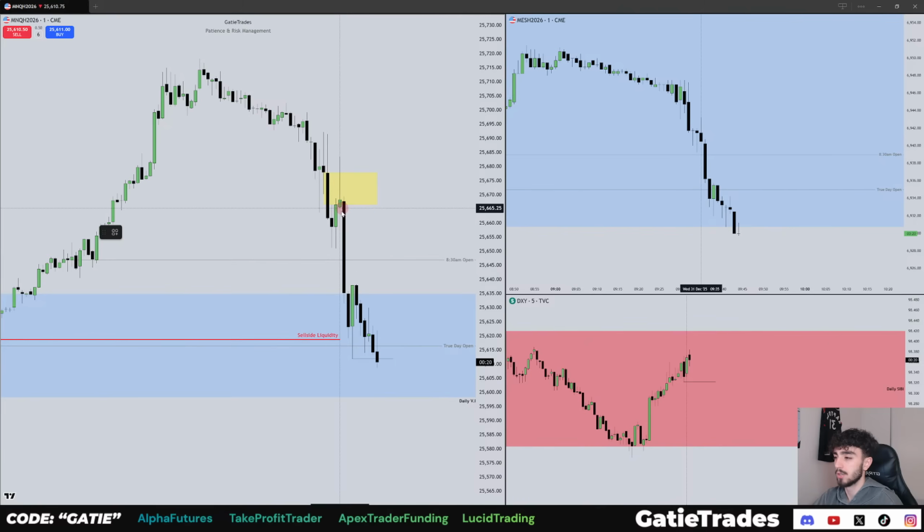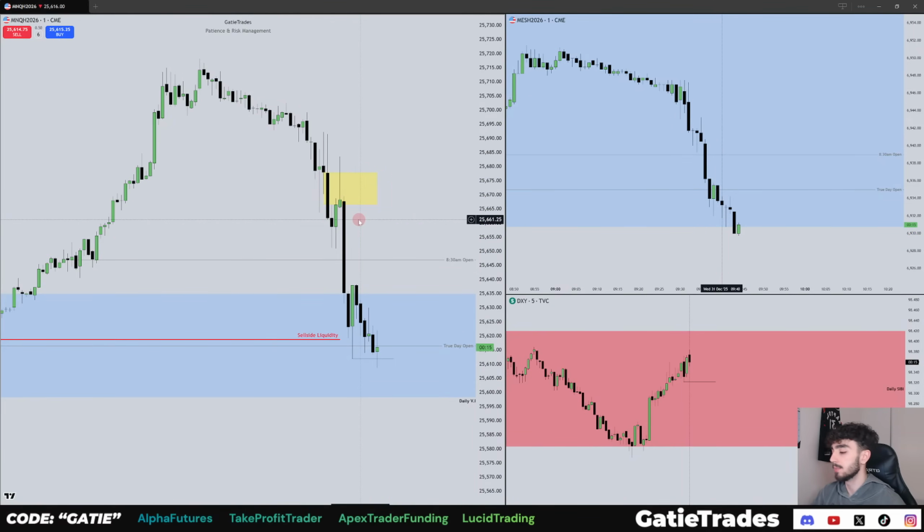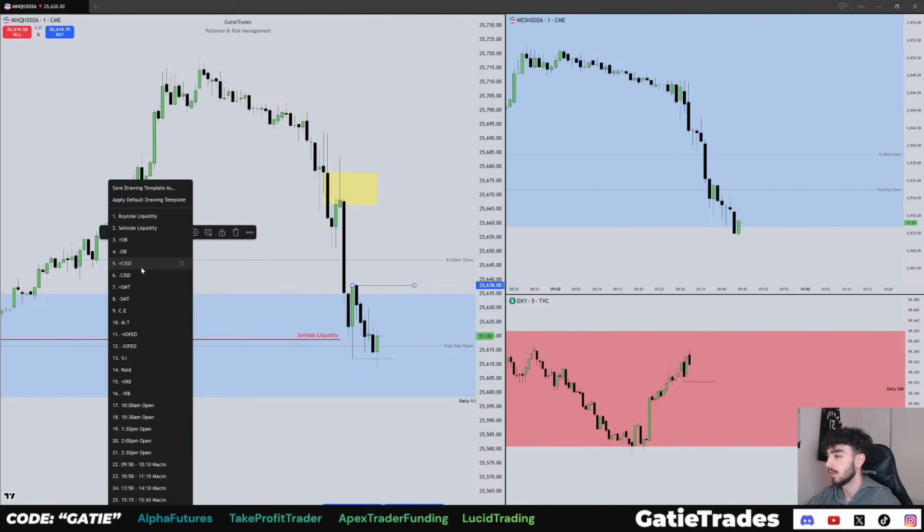ES was already making lower lows, so I did anticipate this move down, but it's not really my model. It's not a protraction. It's not really a reversal because it closed right here. So unless I front run the protraction, which was my idea, anyways, if we get a break above here, we'll try a long, risk 500.